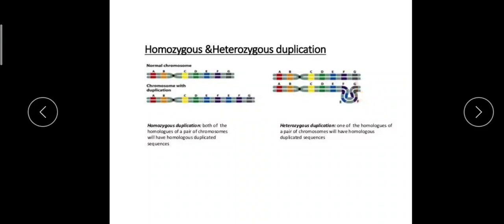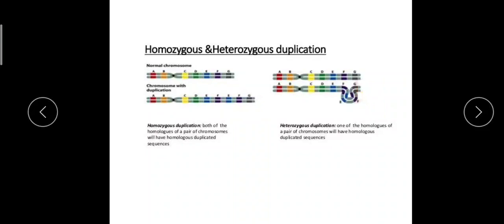So this is an example for duplication. Regarding the genetic effect, duplication is less deleterious when compared to the deletion type of aberration, and in some cases it may become advantageous also. This duplicated set of regions serves as a raw material for future evolution.